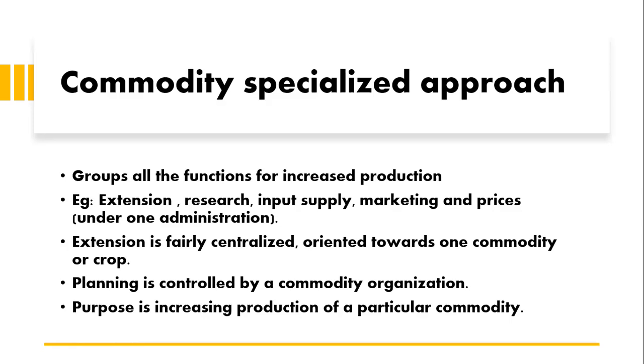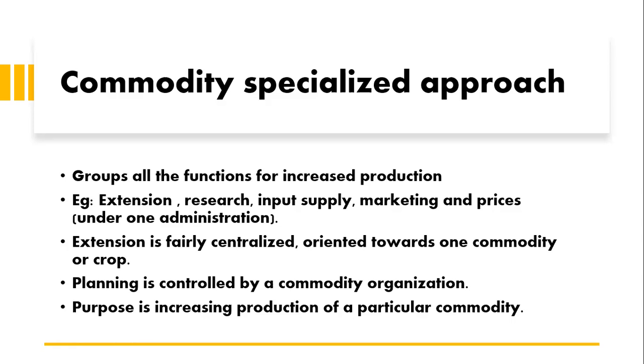TI, the tea instructor as we call him, is focused on only one commodity, tea. There are such persons in the tea area as TIs, and for coconut cultivation the responsible officers are CDOs, coconut cultivation development officers, like that. There are separate people responsible for only one crop. That's called the commodity specialized approach.